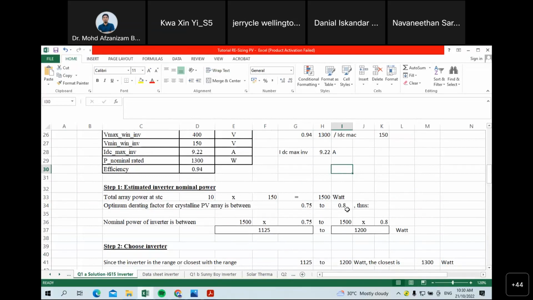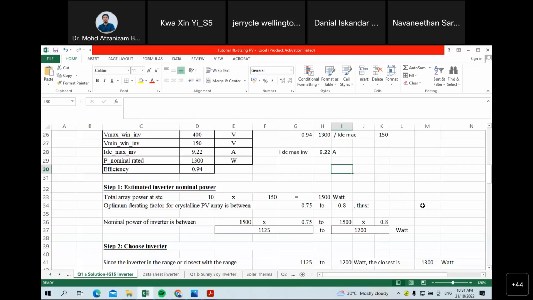Alright, so 0.75, 0.8, there's no calculation. You just take the value based on the derating factor, which normally they use 0.75 or 0.8. If based on your experience you found that the derating factor is, let's say, 0.7, then you may go for 0.7. But for the purpose of our class, we stick to 0.75 and 0.8. If it is not given, you need to assume, but you should assume in this range.